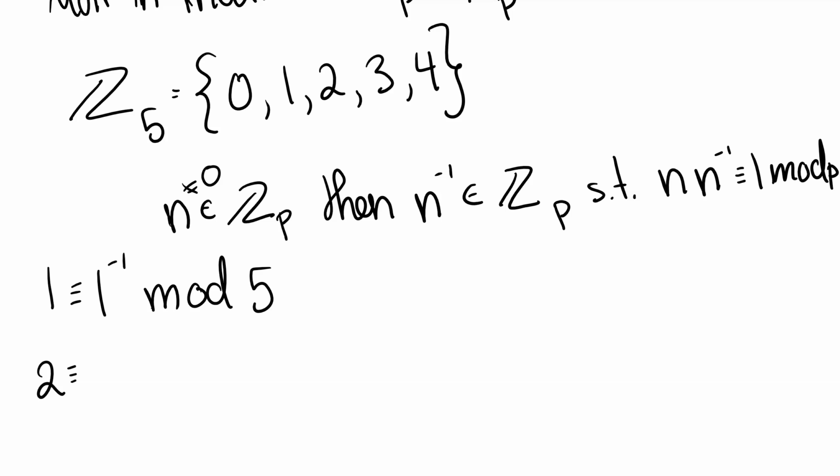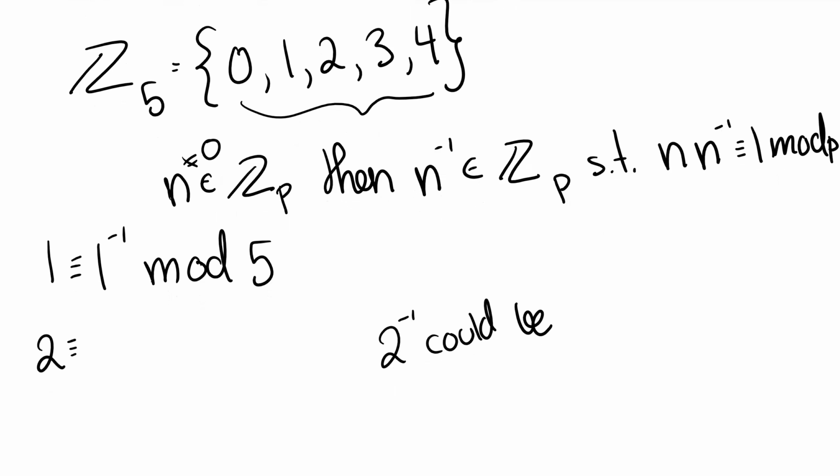How about 2? Ooh, okay. Well, so let's think about it. It's going to be some element in here. So 2 inverse could be, well, not 0. 1, 2, 3, or 4. Well, 1's not going to work because 2 times 1 is 2 mod 5. 2 is not going to work because that's going to be 4.